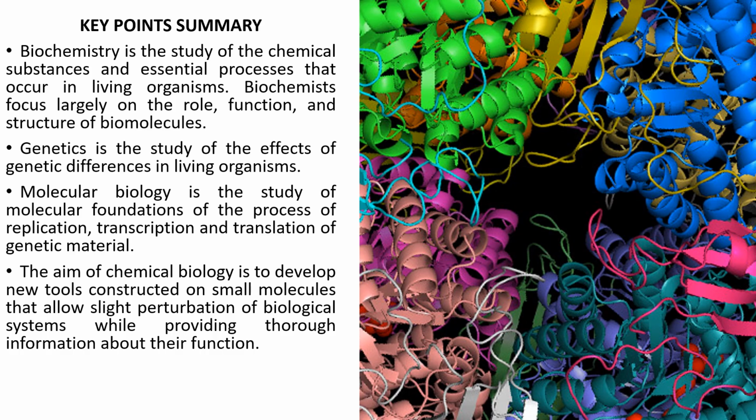Molecular biology is the study of molecular foundations of the process of replication, transcription, and translation of genetic material. The aim of chemical biology is to develop new tools constructed on small molecules that allow slight perturbation of biological systems while providing thorough information about their function.